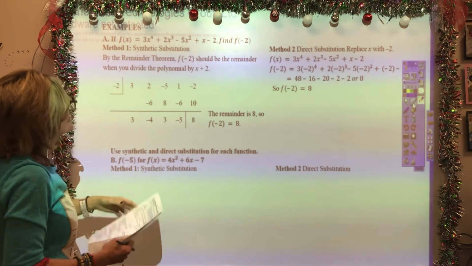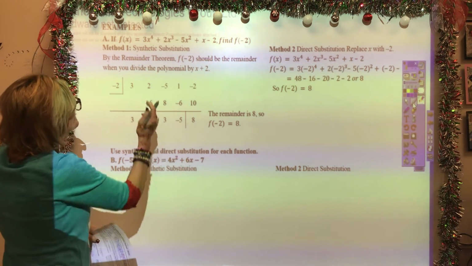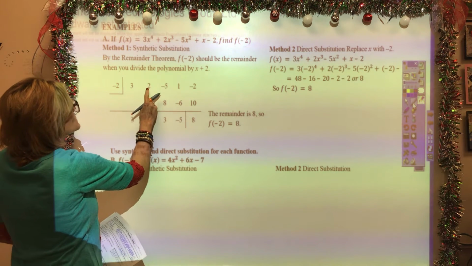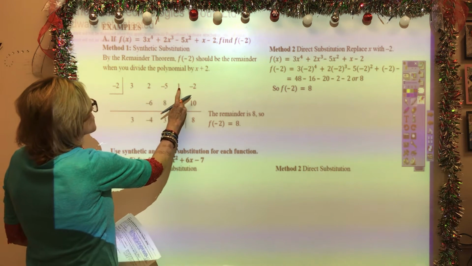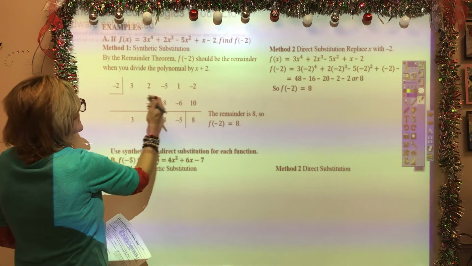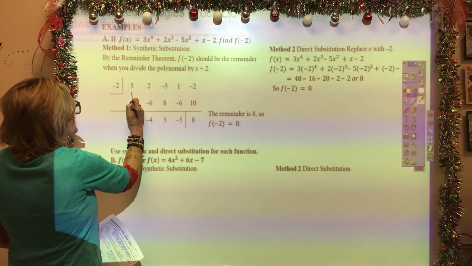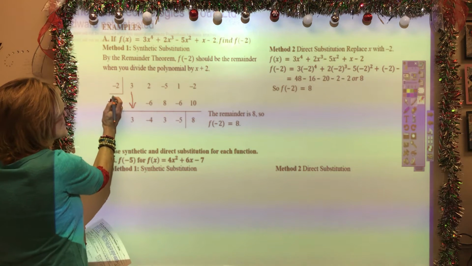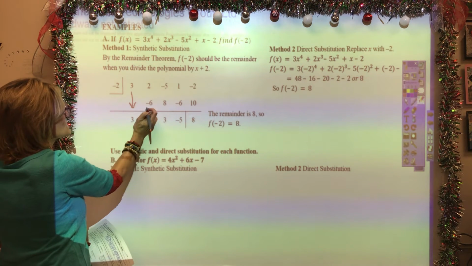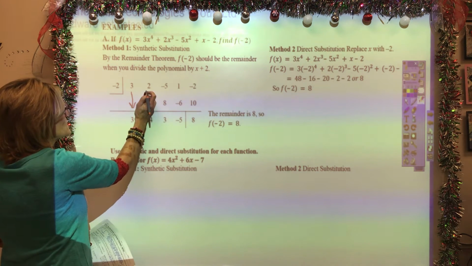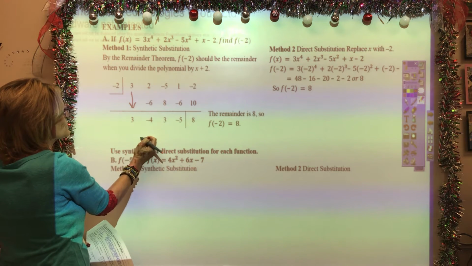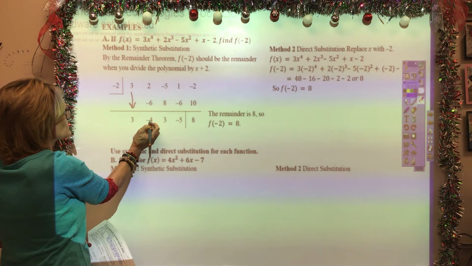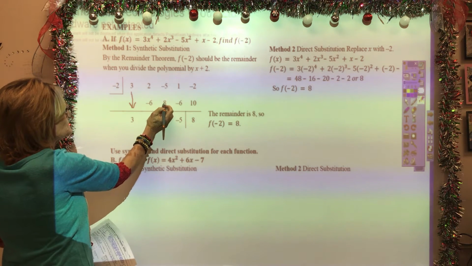So to refresh you on synthetic division, you take your coefficients, 3, 2, negative 5, 1, negative 2. You bring down the first coefficient under the line, then you multiply. Negative 2 times 3 is negative 6. 2 minus 6 is negative 4. Then we take negative 2 times negative 4, which is 8.